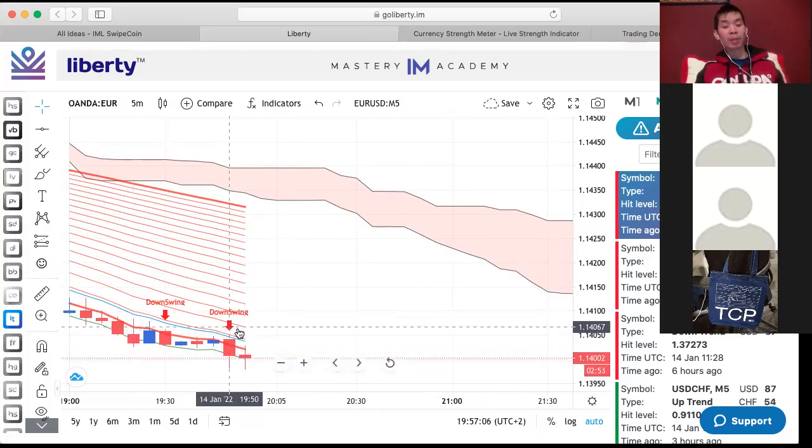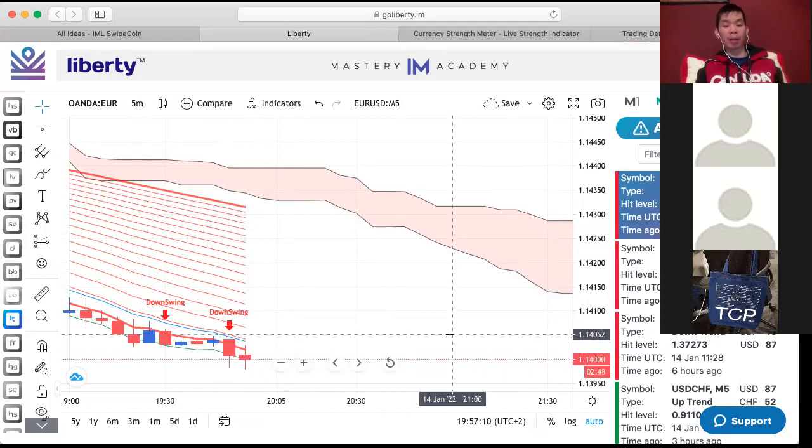So anytime you see an arrow, I'm actually going to start typing this in the chat too. Anytime you see an arrow, you want to take it for 3 candles, okay? Depending on the time frame. For example, we're in the 5-minute time frame, so every candle in the 5-minute time frame is worth 5 minutes.